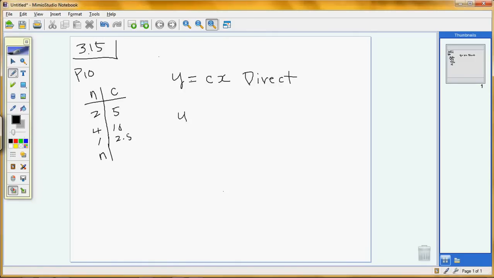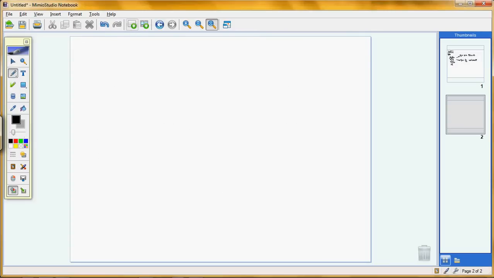If the rule looks like y equals c over x, then we call it inverse variation. So after you make a rule, if the rule looks like this, it is direct variation. If the rule looks like this, then we say inverse variation. How simple is that? Problem 11 is pretty much the same thing, but a different word problem.